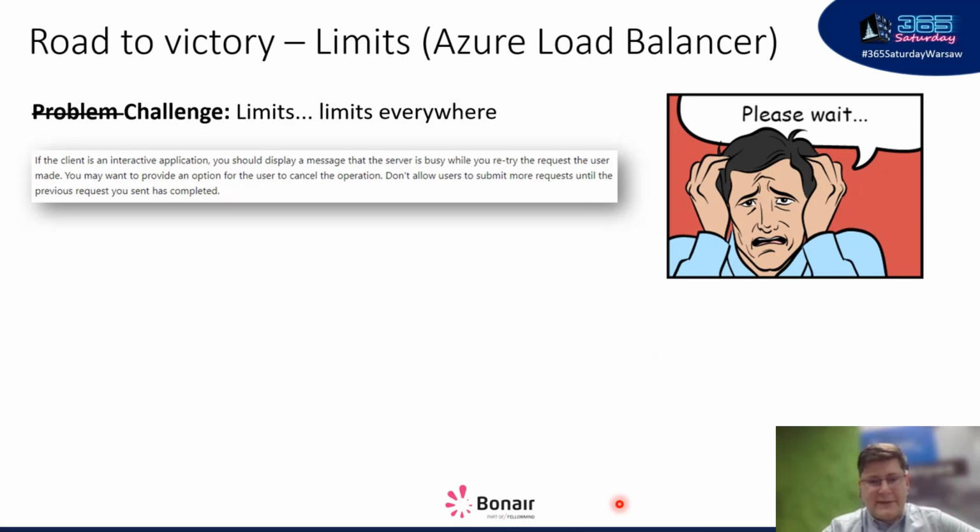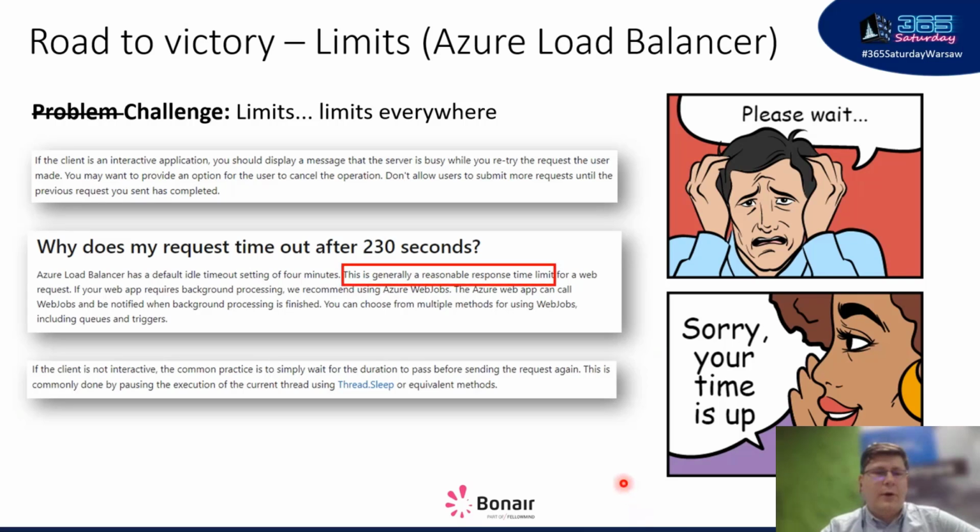But can we do this? No, because if we use serverless app functions and app service, we can't keep a connection between our serverless components longer than 4 minutes. Why? Microsoft decided that this is generally a reasonable response time limit. Okay, so we should wait, but we can't wait.